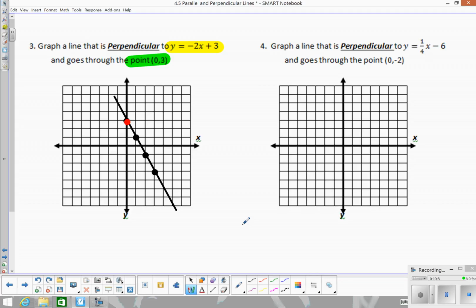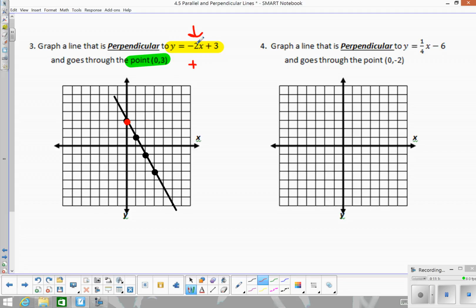Okay. Now from this point, I need to use the opposite reciprocal slope. In this case, my slope is negative 2. So remember, if my slope is negative, my perpendicular slope is going to be positive.